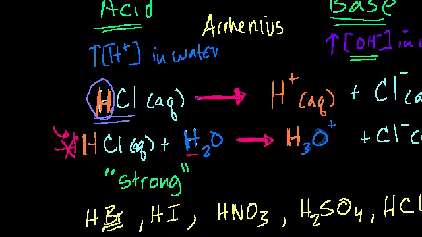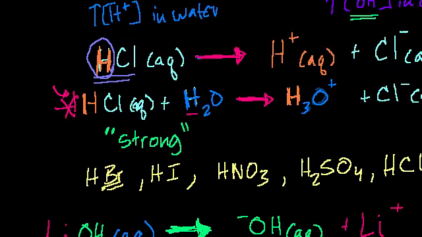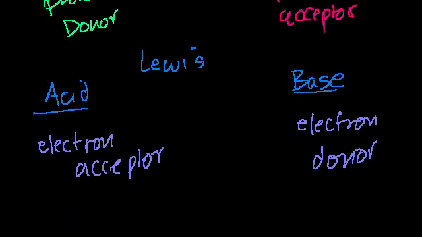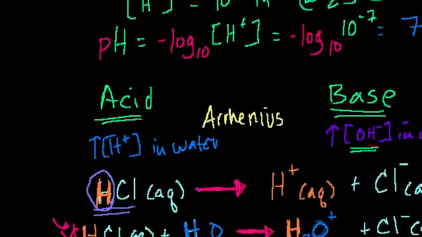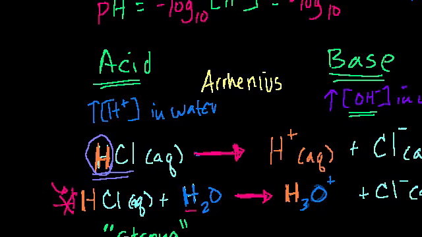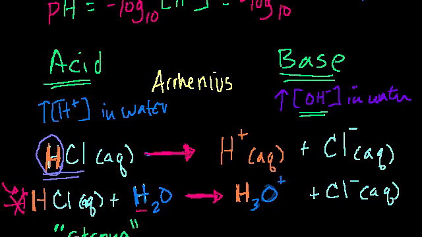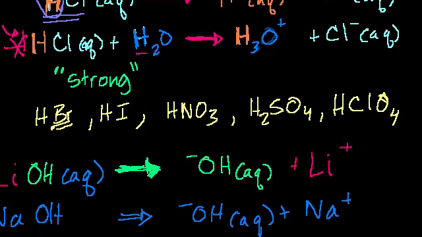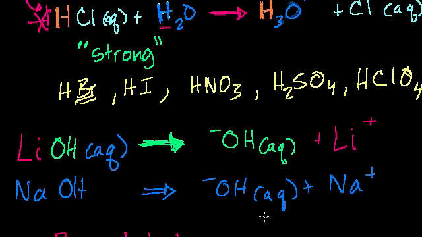And if you think about it, a Lewis base is what? It's an electron donor, right? A Lewis base is an electron donor. So with this lithium hydroxide, when it goes into water, there's a couple of ways to think of it.